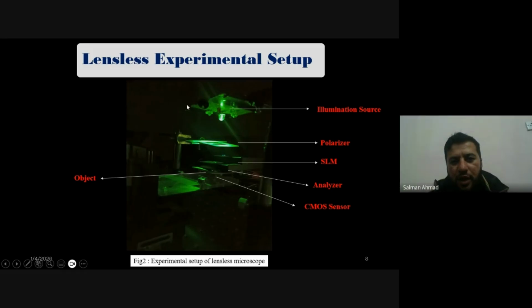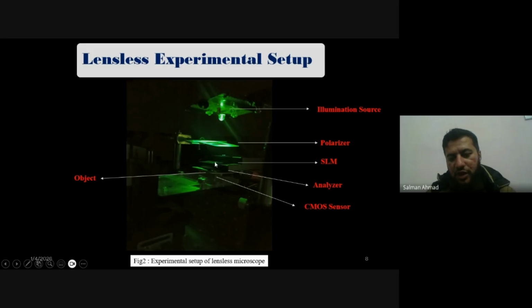Okay, sir. So here I have the experimental setup which I actually used in the lab. I applied the green LED, and here I use a polarizer and a spatial light modulator, which is connected to the computer.